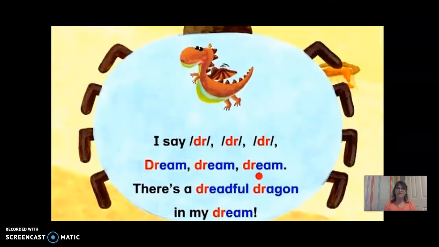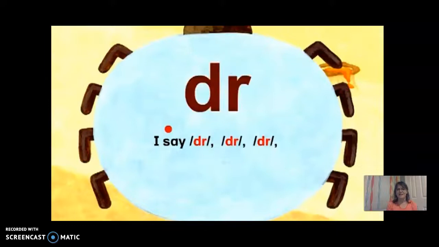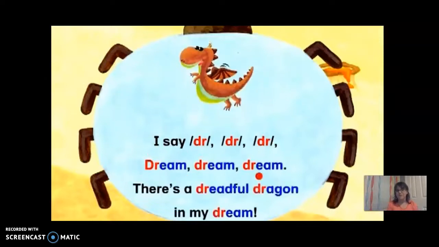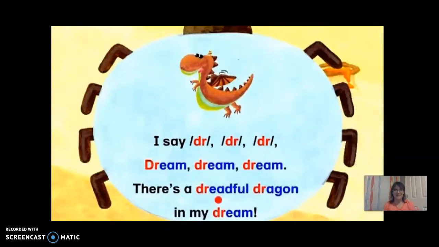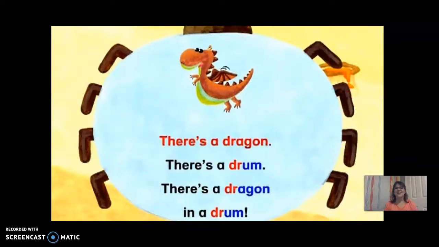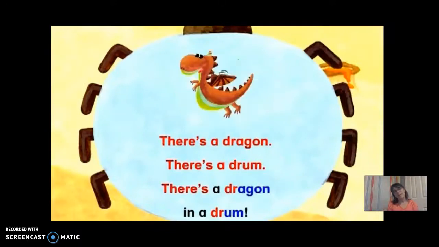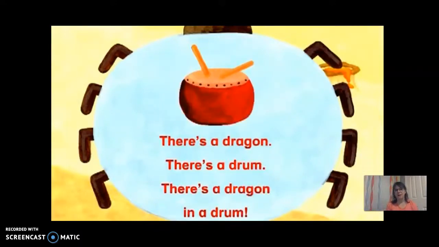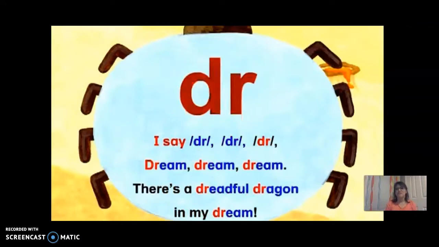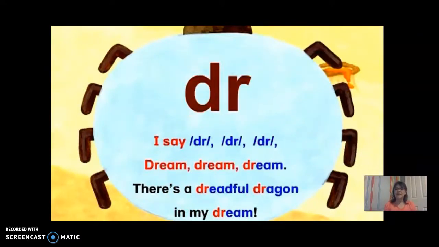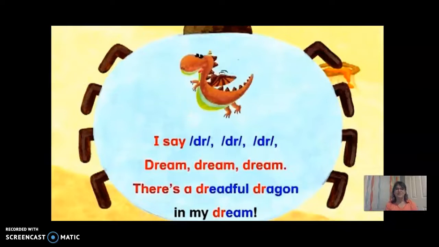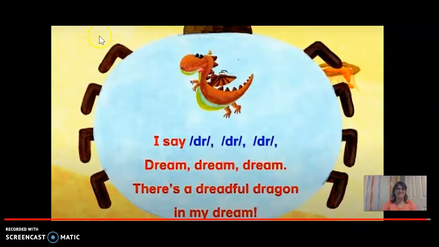There's a dreadful dragon in my dreams. Did you get that? Good. Let's chant together. There's a dragon. There's a drum. There's a dragon in a drum. I say dreams. There's a dreadful dragon in my dreams.